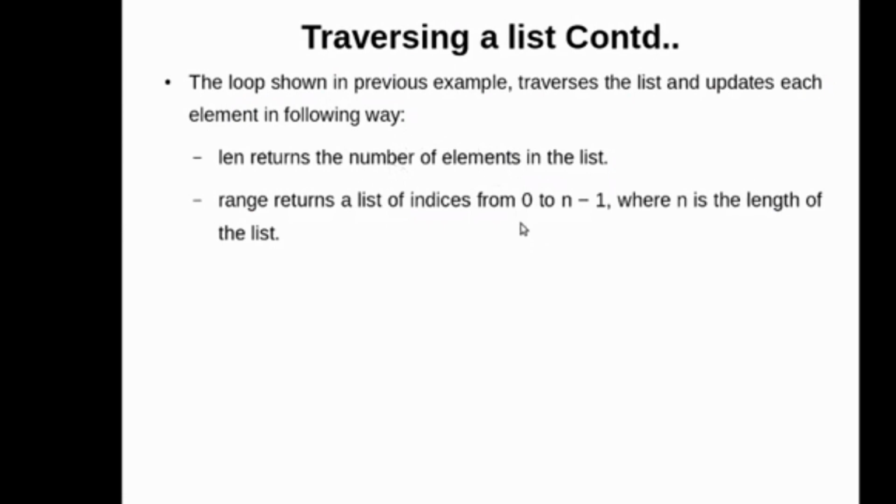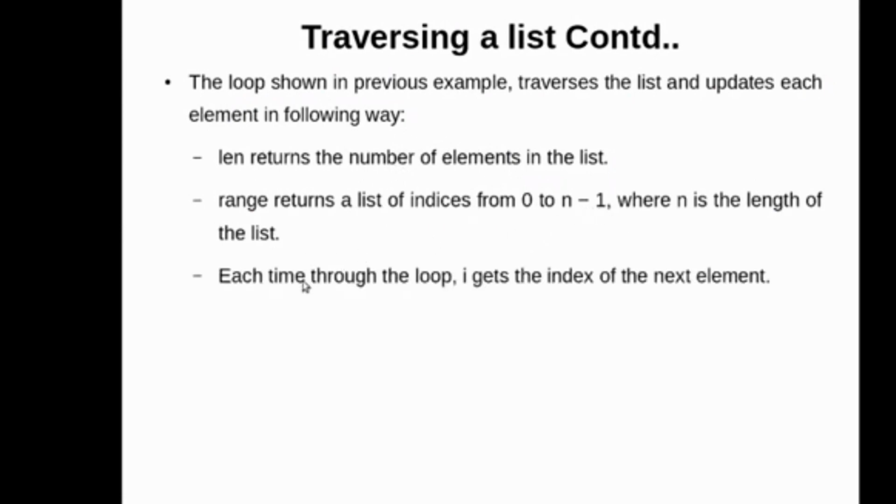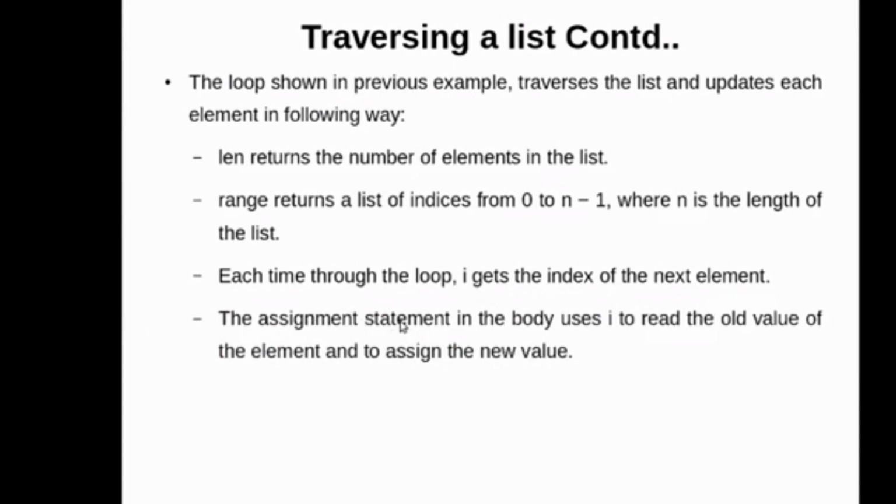Because of that it extended from 0 to 4, and each time through the loop, num gets the index of the next element. The assignment statement in the body uses num to read the old value of the element and assign the new value. The element multiplied by 2 was the new value. A for loop over an empty list never executes the body, because it does not contain any elements.